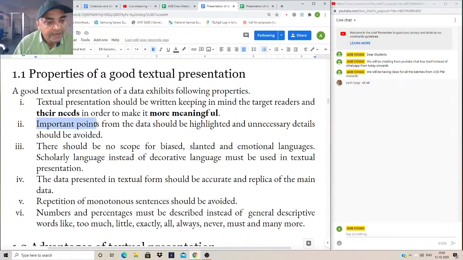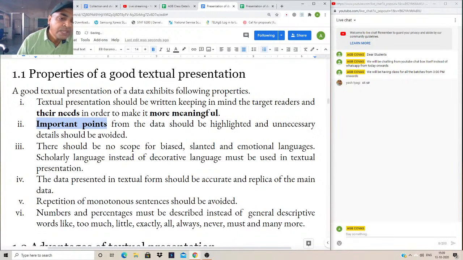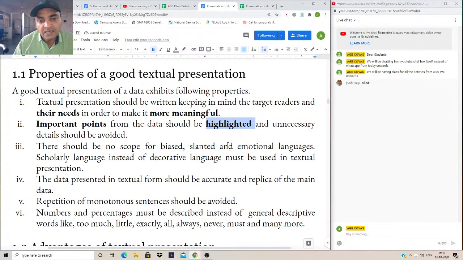There might be some important points in the data that might be overlooked by readers, but when you present it in the form of text, you will be able to highlight that this particular point or this particular data is important. As a property of a textual presentation, you should always avoid unnecessary details.